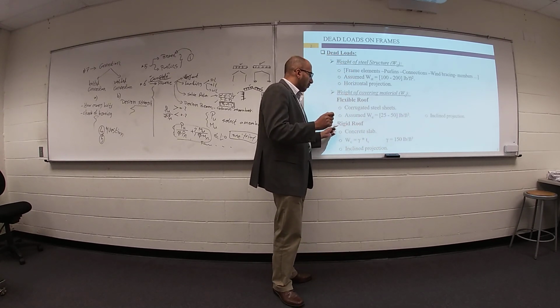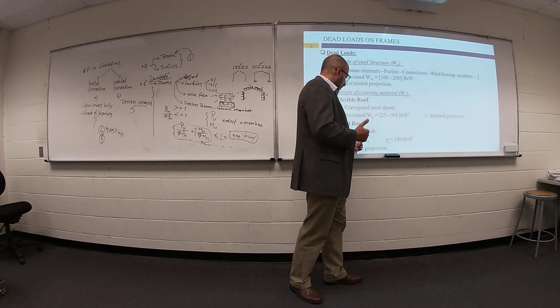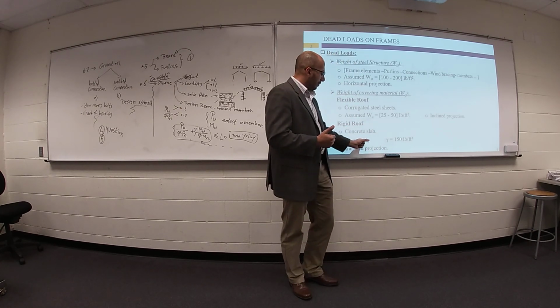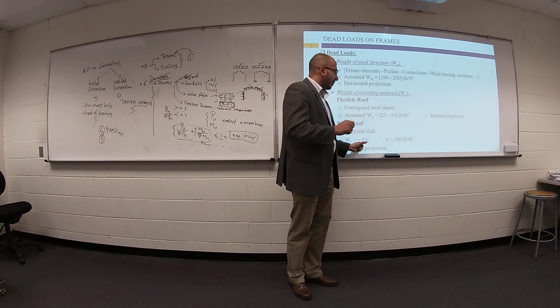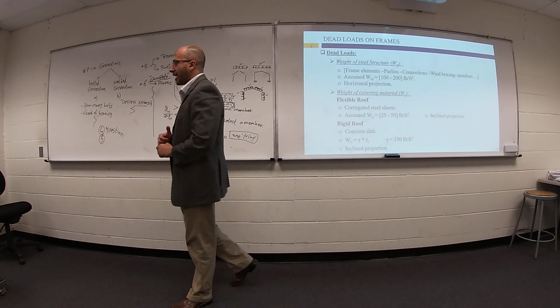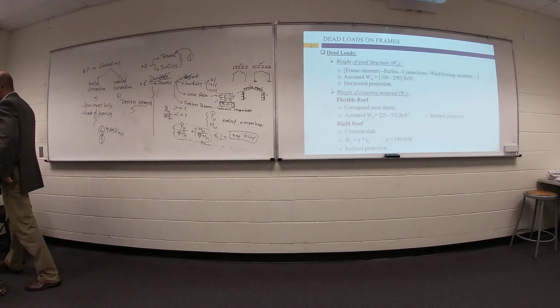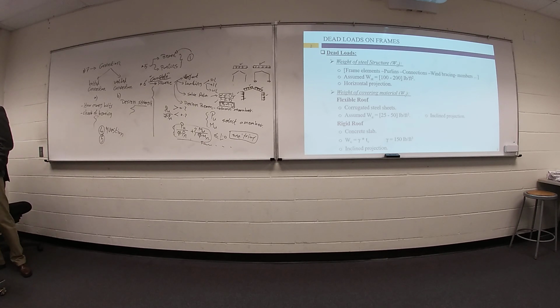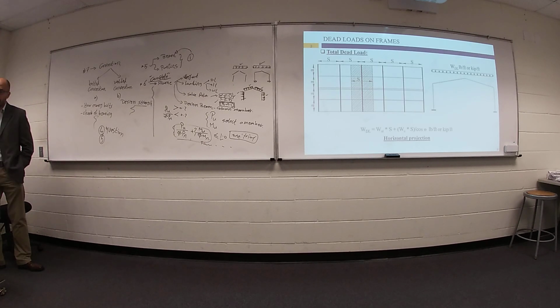If you have rigid roof, concrete slab, then your value will be the thickness of this slab times 150, gamma of concrete. The two values: the first one is horizontal projection, the second one is inclined projection.